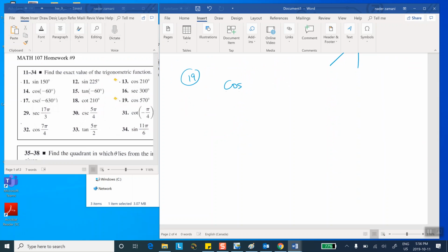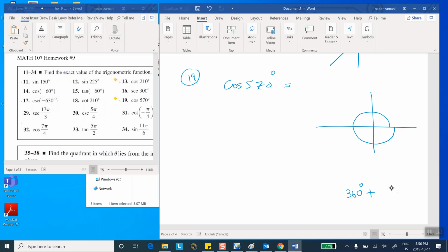We have cosine of 570 degrees. So let's first look at where we are. For 570 degrees, you go 360, and then 360 plus whatever you write here should add up to 570.